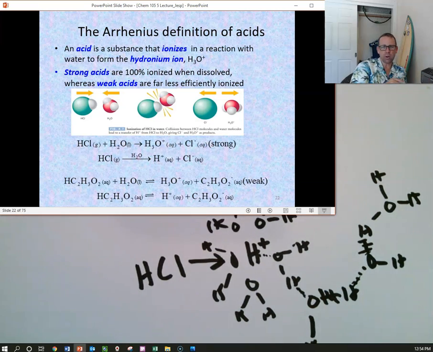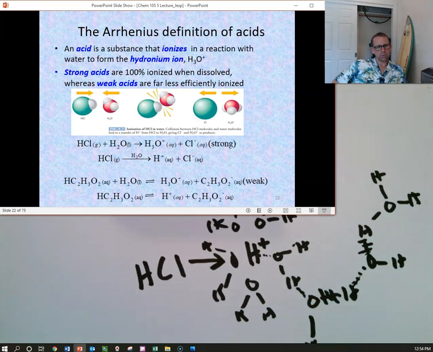It just moves very quickly wherever. And it's not really the same hydrogen ion, because a water molecule picks it up and lets go of another one, and then someone else picks up that one and lets go of another one. So the hydrogen ion is just moving all over the place. It's not in one spot when we have an acid like that. Does that make sense?